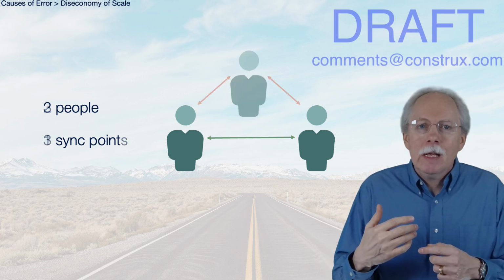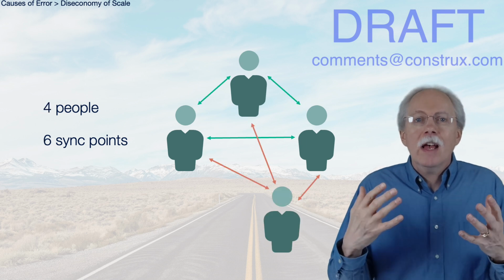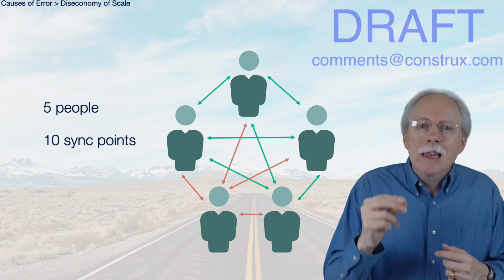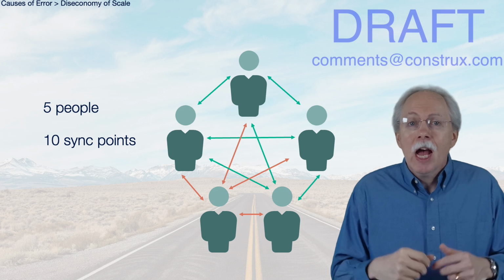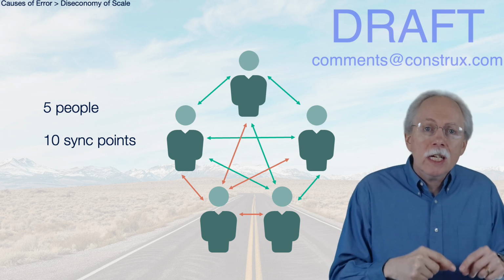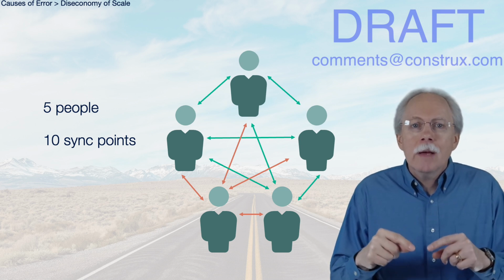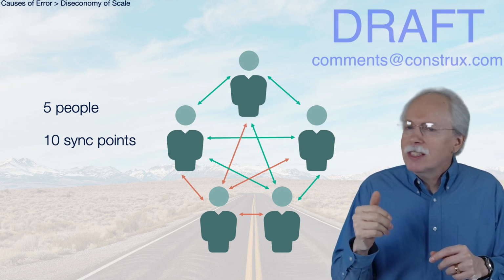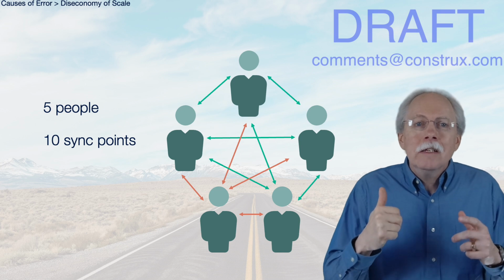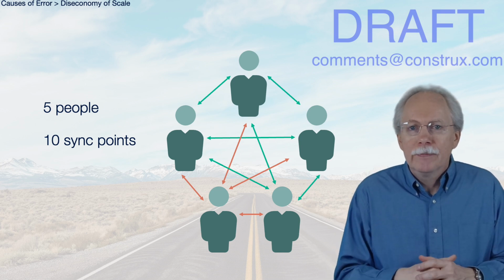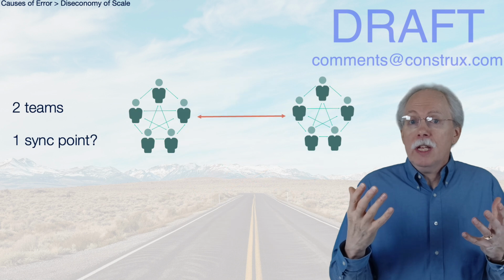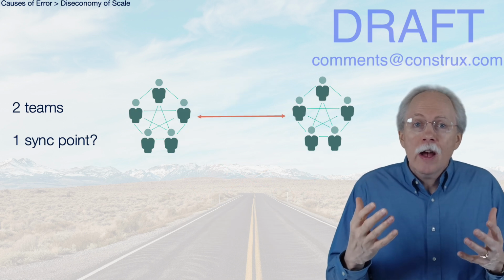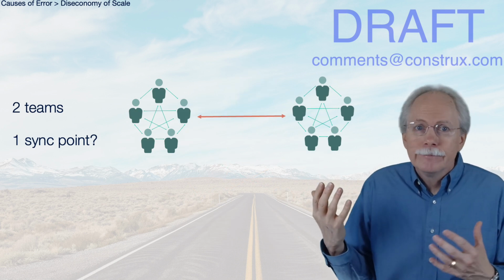As I add people into teams, 3 people, 4 people, 5 people, I start seeing a lot more syncing that I must do. I must stop doing my personal productive work and spend time just syncing with these other people. And after about 5 people, you can start seeing the sync points are getting too big too quickly. One answer is to start forming new teams. If I have more teams, do I have more syncing or less?